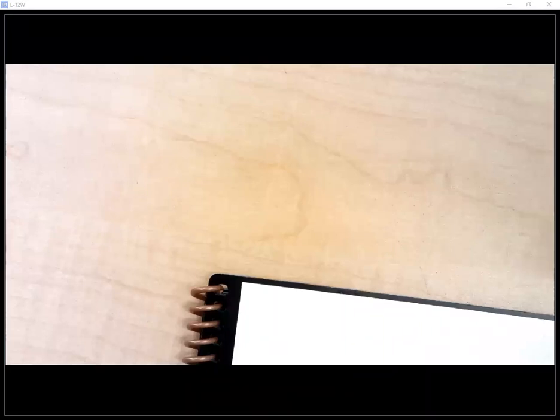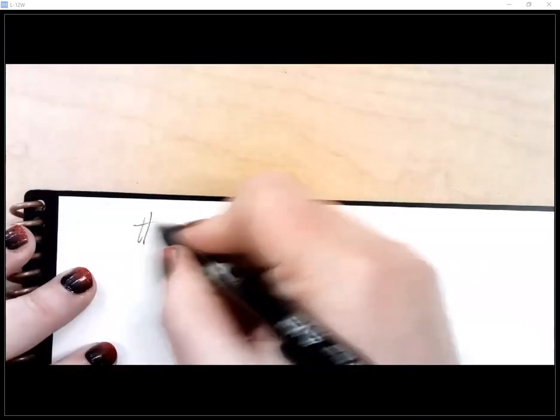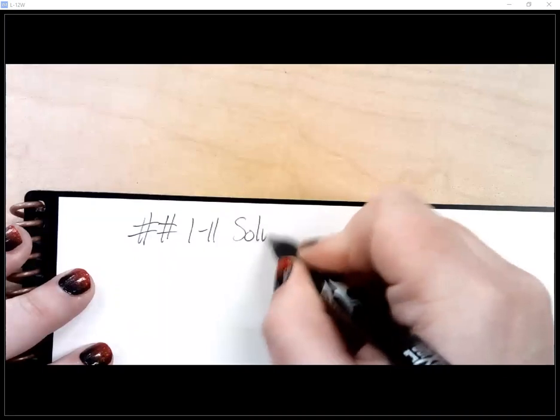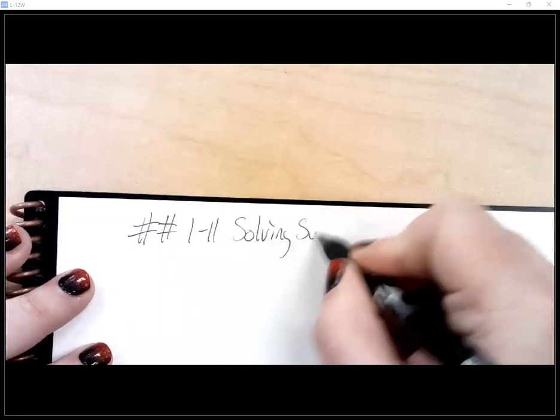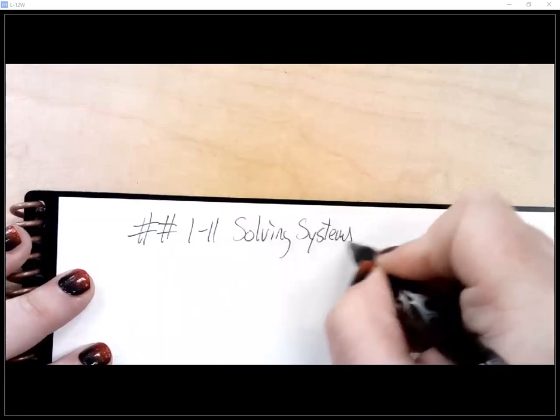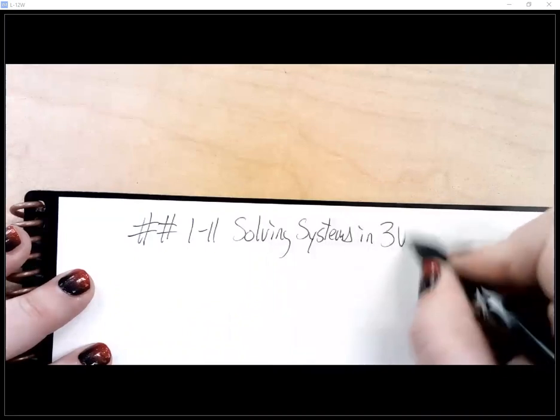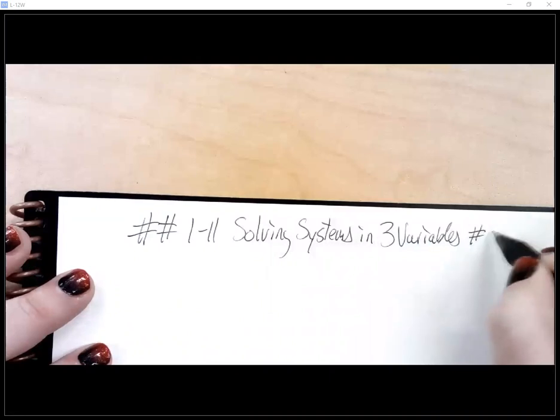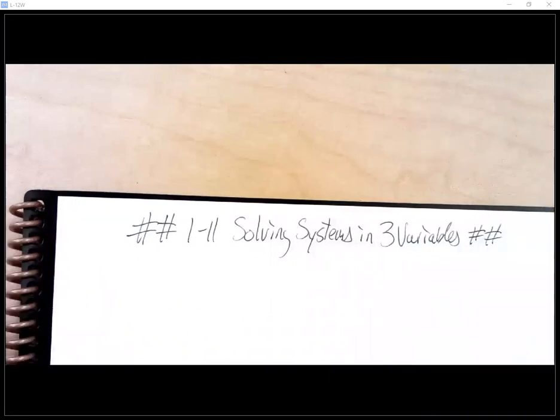So I think I have this as 1-11. All right, I'm going to simplify the process as best I can.